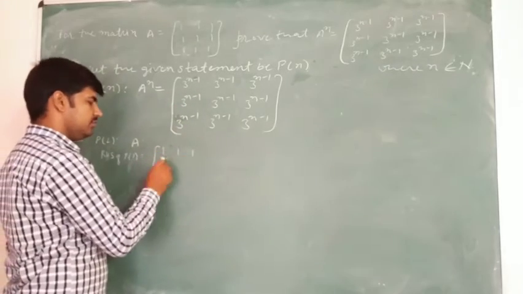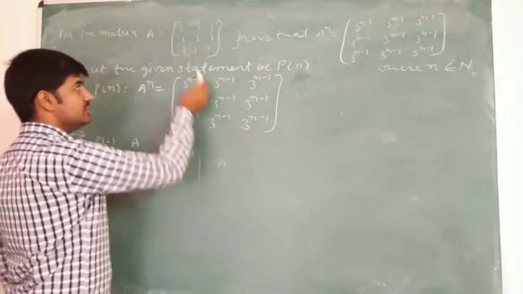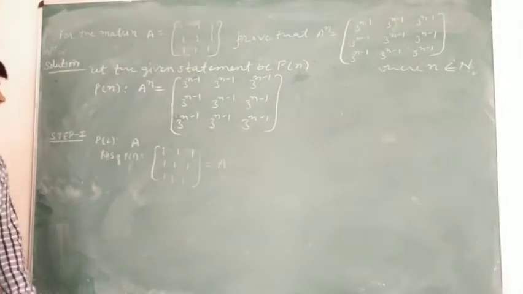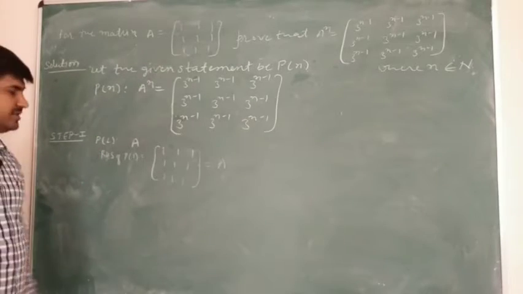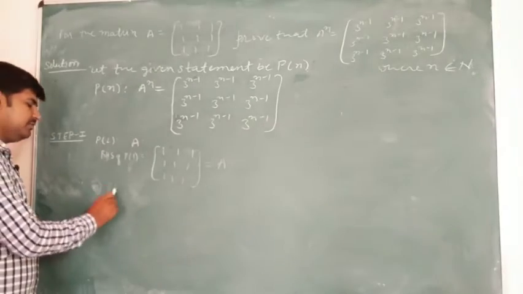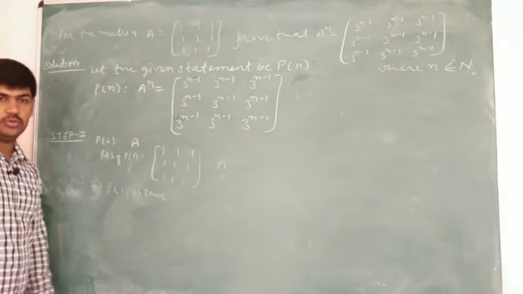So everywhere we get 1, and this is matrix A only. So we have got LHS equal to RHS for the statement P1. So this implies that P1 is true.